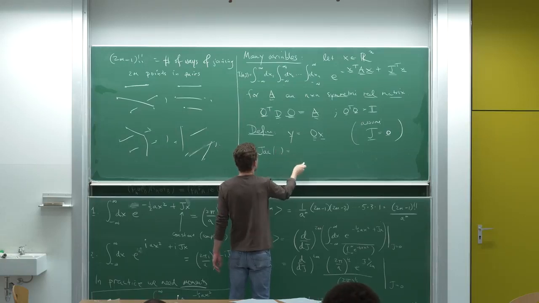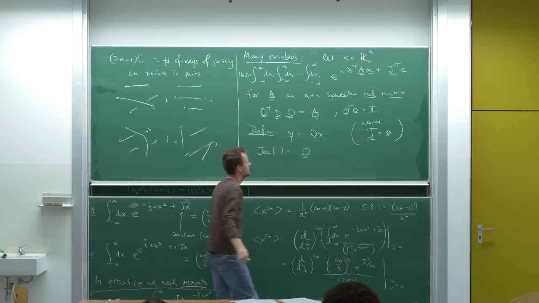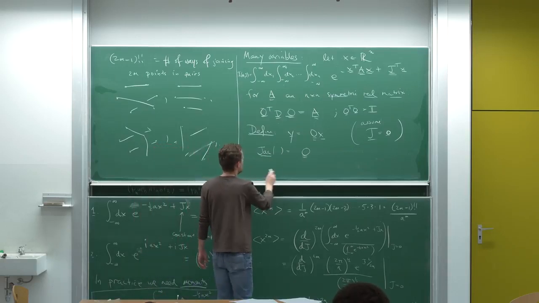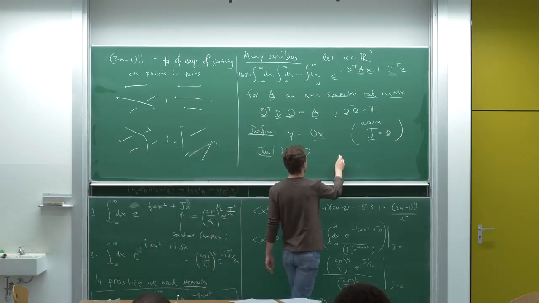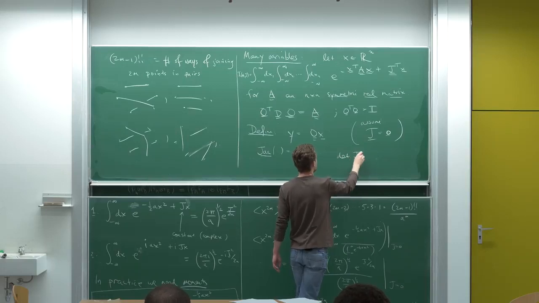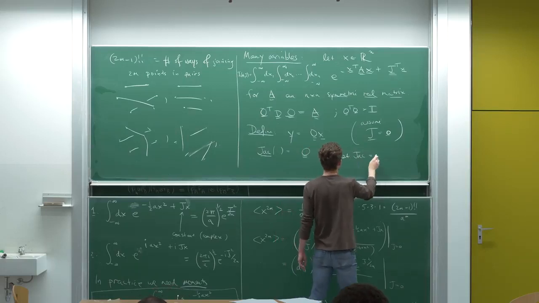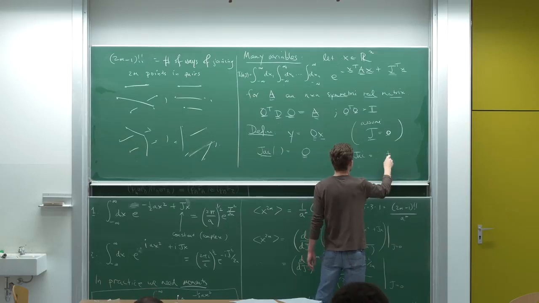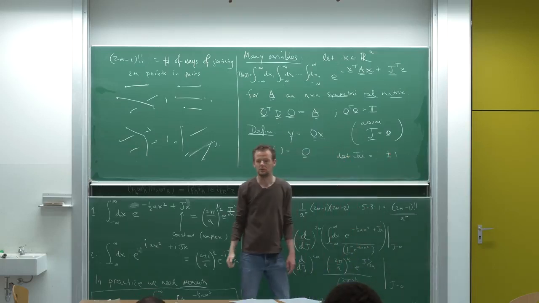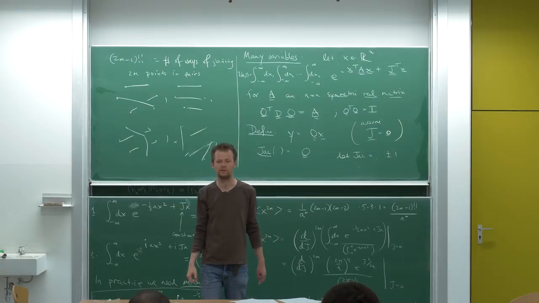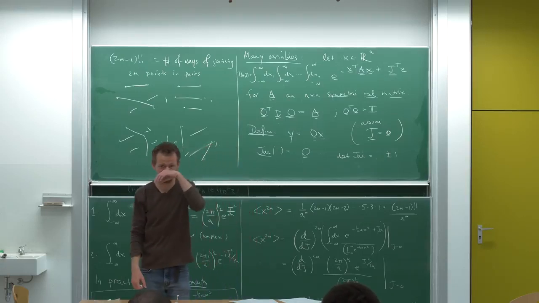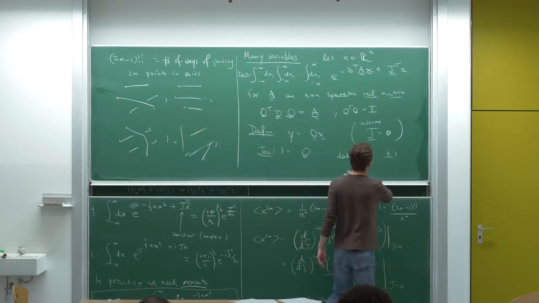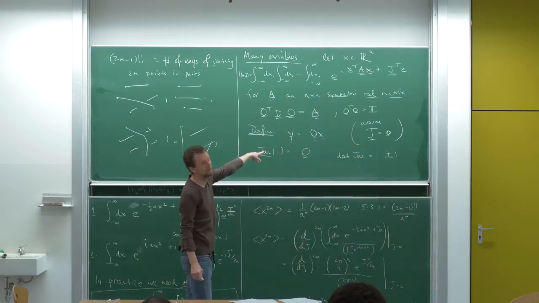The Jacobian is just O itself, and the determinant of the Jacobian is just plus or minus 1, depending on whether O is orientation reversing or not, which it's not, so we can take the plus 1.